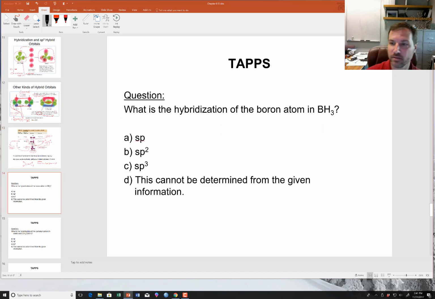Because borane, BH3, we know that we have a trigonal planar geometry. So if it's trigonal planar, it has to be sp2.